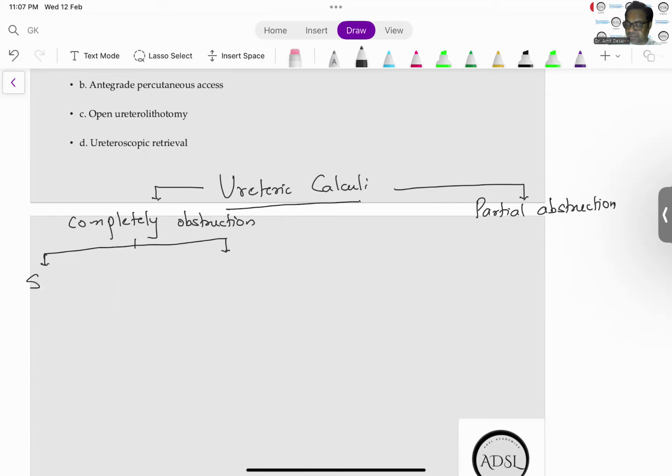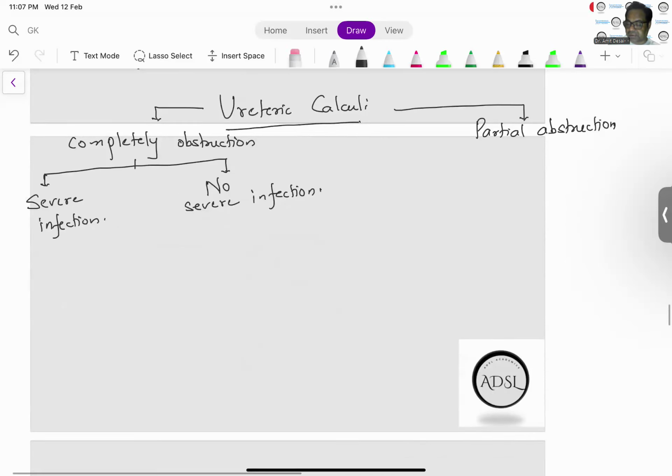So are we dealing with a person who has a severe urinary infection or not? If there is severe infection, the treatment becomes an emergency: antibiotics and drainage of the urinary system.